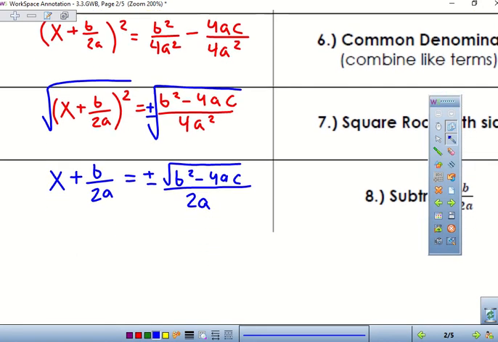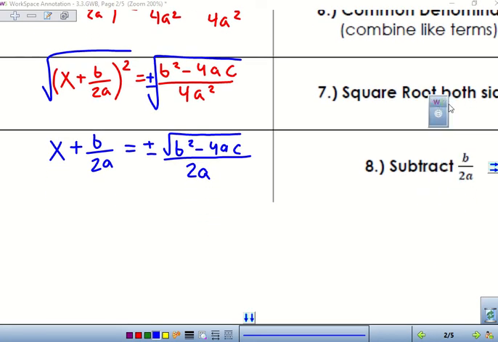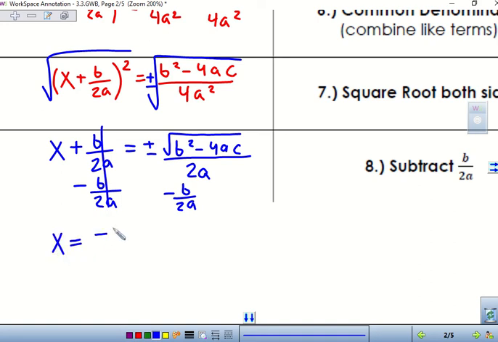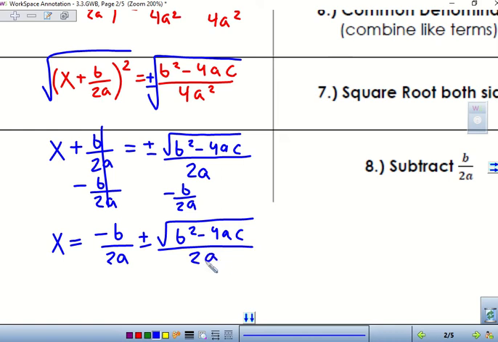And now my next step is I have to get x by itself, so I can simply subtract on both sides, right? That's going to give me x equals negative b over 2a plus or minus the square root of b squared minus 4ac all over 2a.